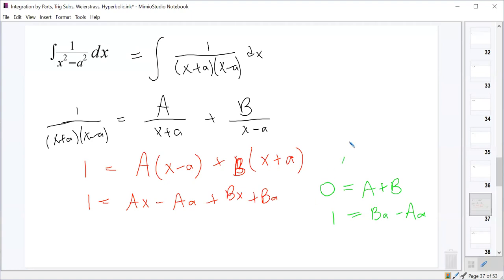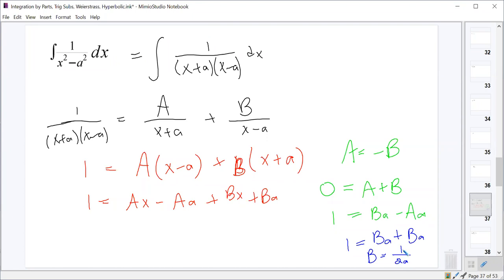From the first one, it tells us that A is equal to negative B. And so we could go back in then right here. If A is negative B, we could just turn this into 1 equals capital B a plus capital B a. So what does B equal? 1 over 2a.